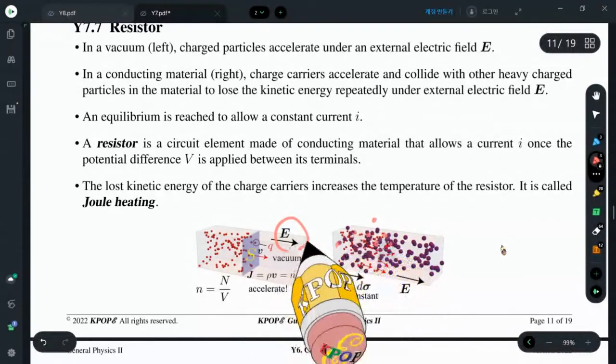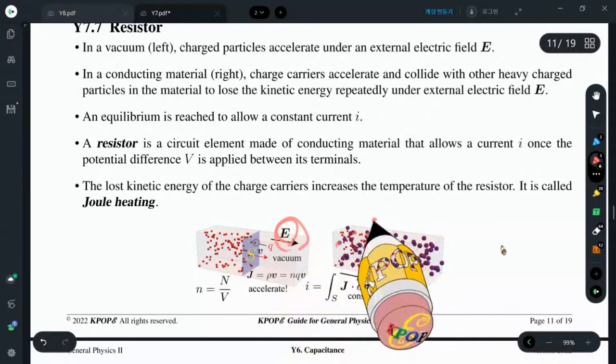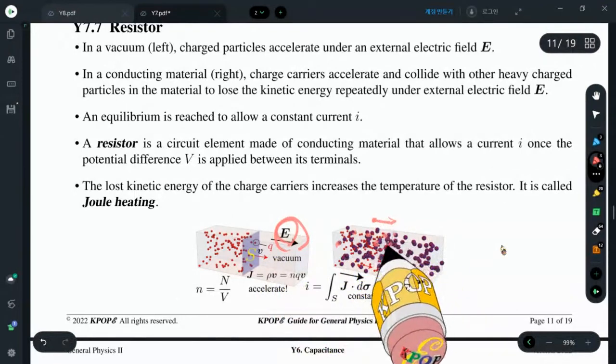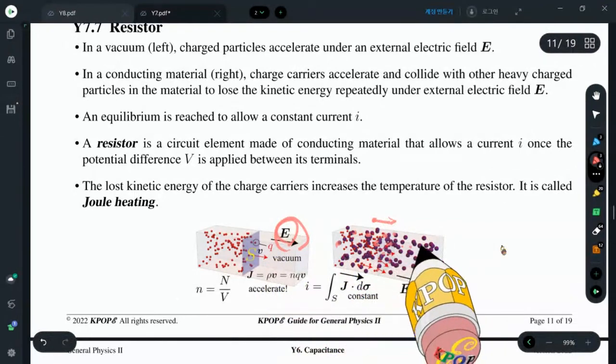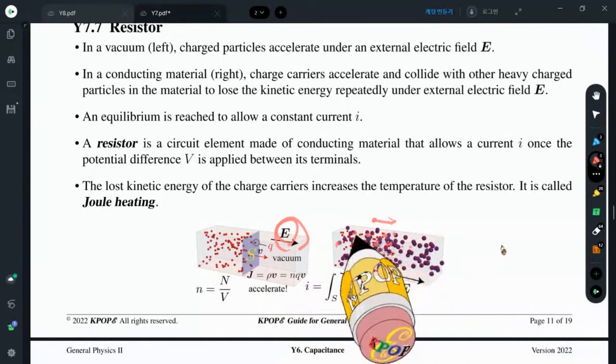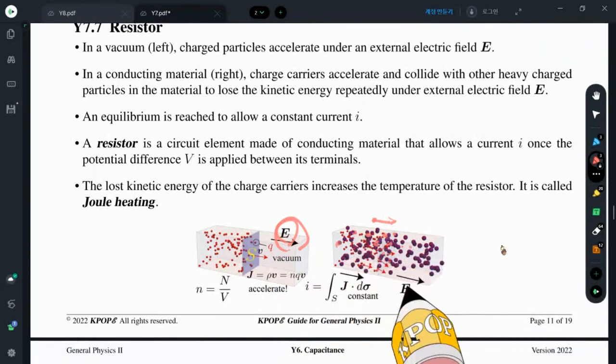But at some moment, due to the electric field, it accelerates again, and multiple collisions happen inside a wire.